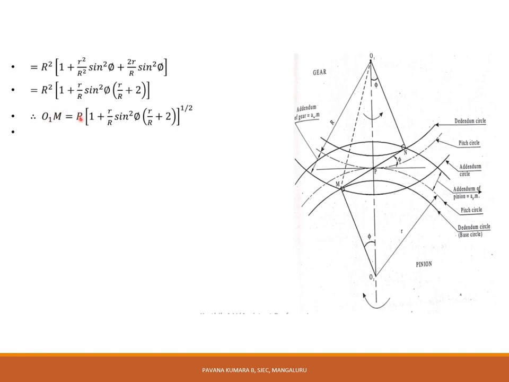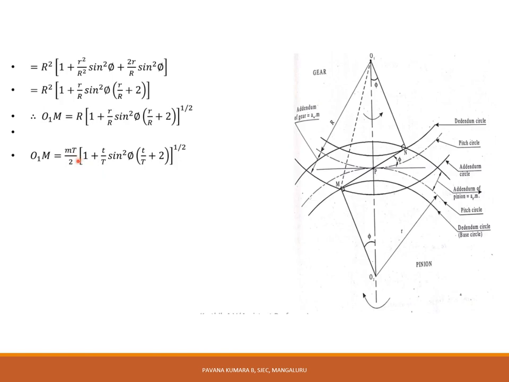So from that expression, O1M square is what we are going to find out. Take the square root on the right hand side, then O1M is equal to R, since the square root of R square is R, then the whole bracket, put the whole bracket and write like this, with the half power being the square root. Then r is nothing but m t divided by 2, so write it like this.